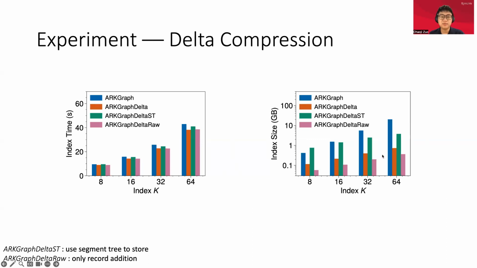And we can see the arc graph data and arc graph data row have a smaller index size compared to the arc graph. The arc graph data with the segment tree has a larger index size because of some overhead to store the tree structure.